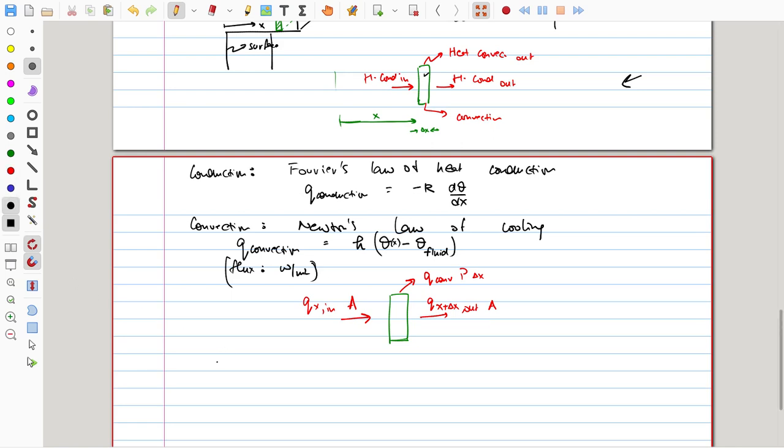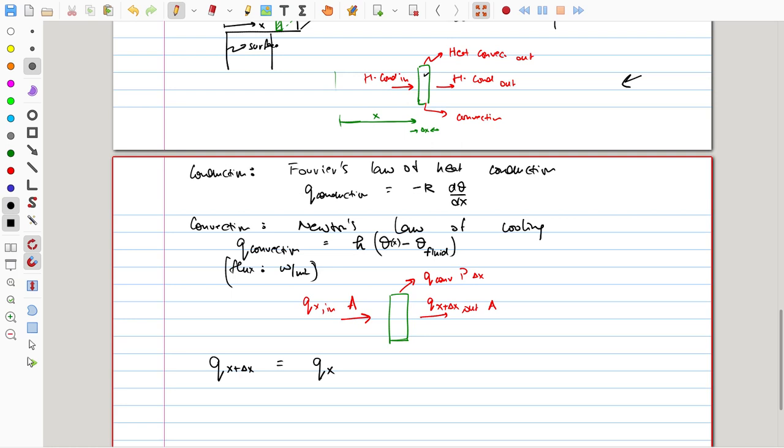So we use Taylor series here. Q at x plus delta x, we will expand that around Q at x. Now we are assuming that the function Q as a function of x, at any distance, is infinitely smooth.